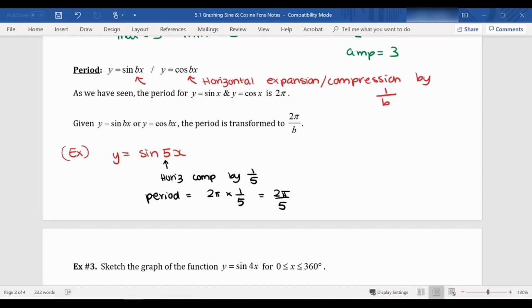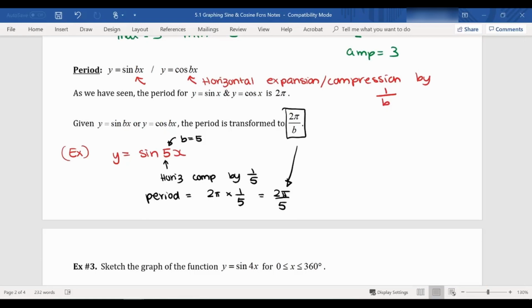And that's where this 2 pi over b comes from. My b here is 5. So I could have just gone straight to 2 pi over 5. Okay, so we don't have to do this whole song and dance of, oh, it's a horizontal compression, and this period times the compression. If you can identify b, your new period is 2 pi over b.